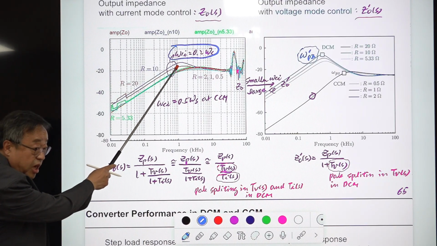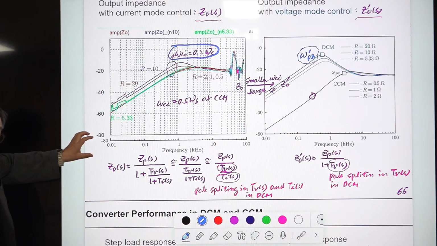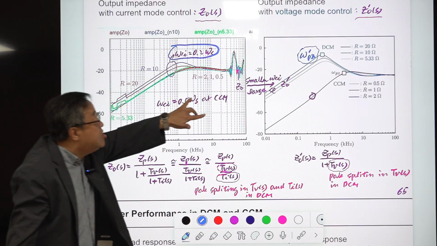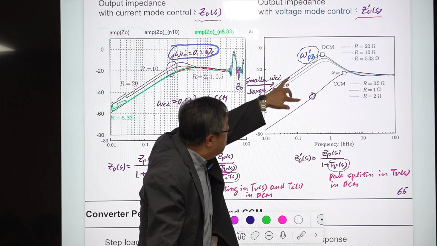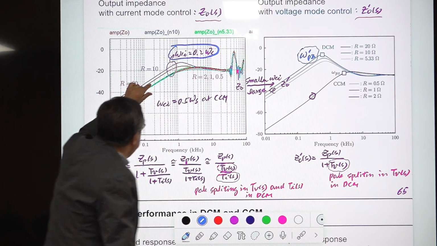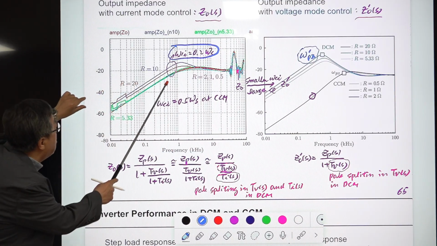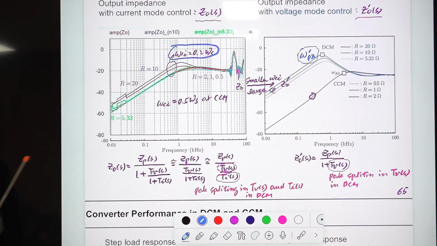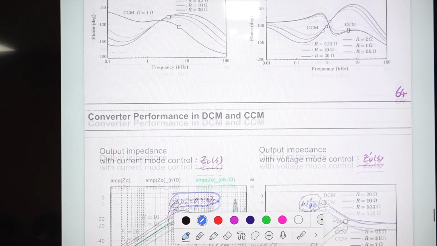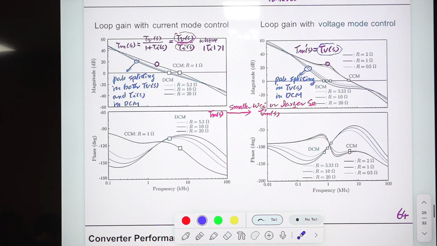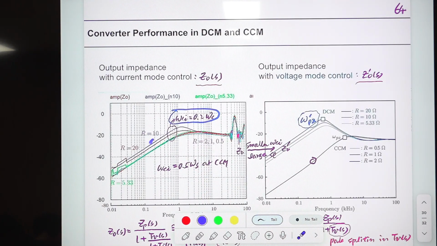This is the DCM case. There is some difference, but the difference is very small. Okay? There is no huge difference here. There is a huge difference here, very small difference here. So they remain almost the same as in the case of this loop gain.